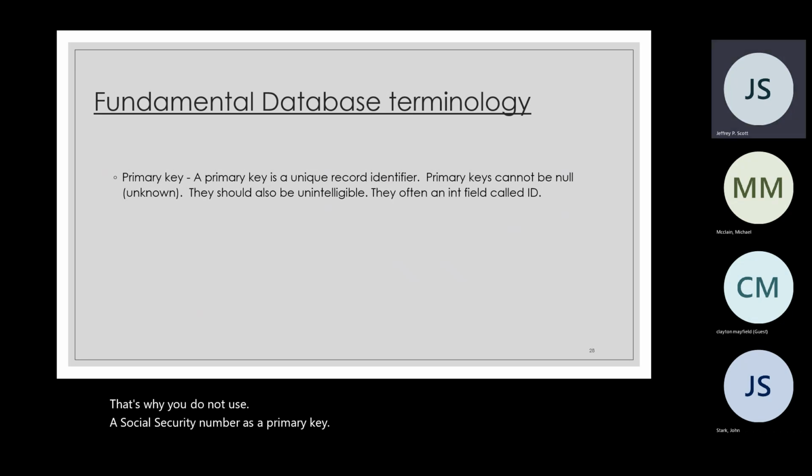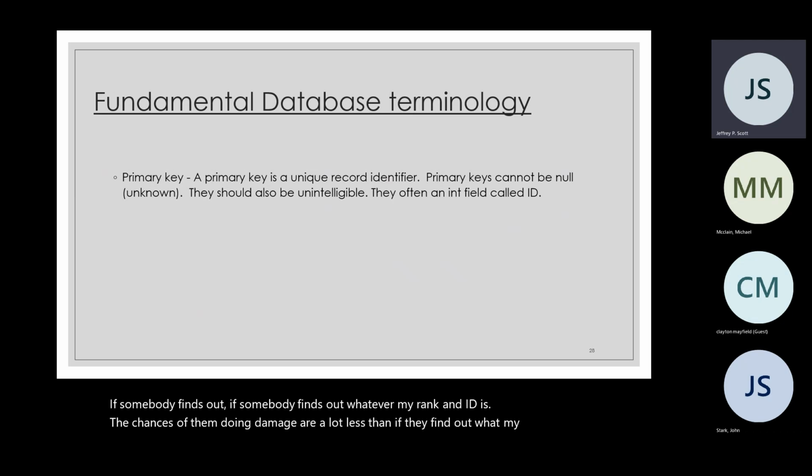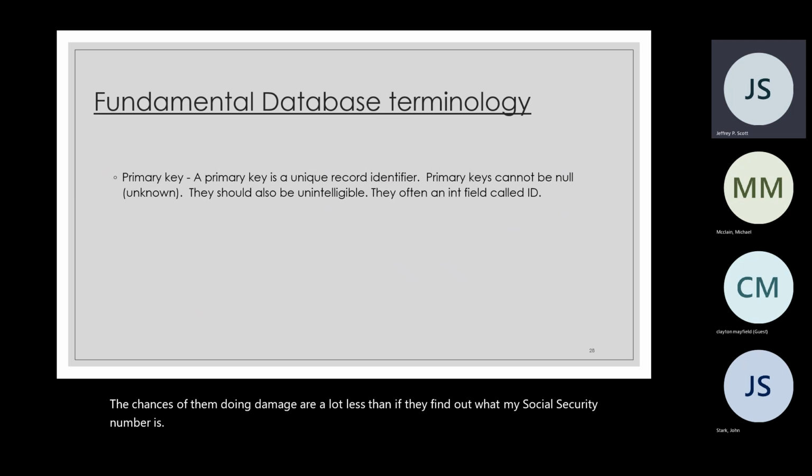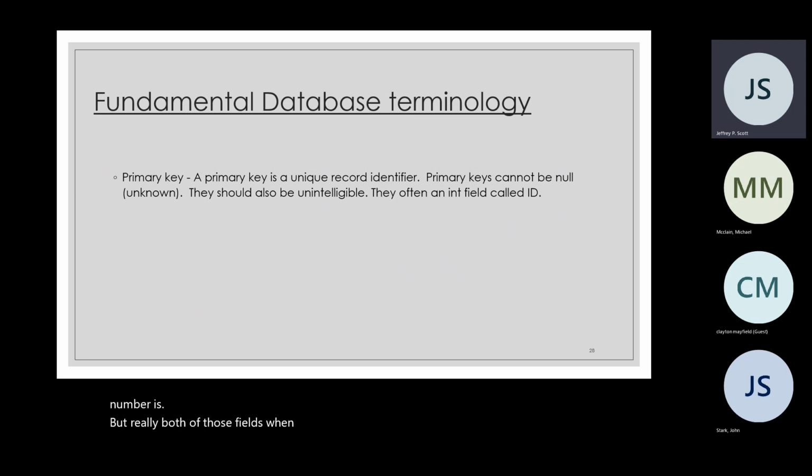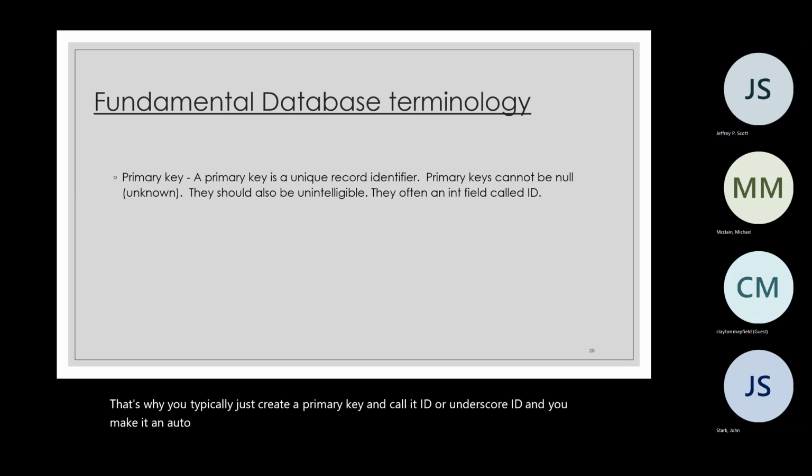If somebody finds out my Rankin ID, the chances of them doing damage are a lot less than if they find out my social security number. That's why, when you create a table, you typically just create a primary key and call it ID or underscore ID, and you make it an auto increment field.